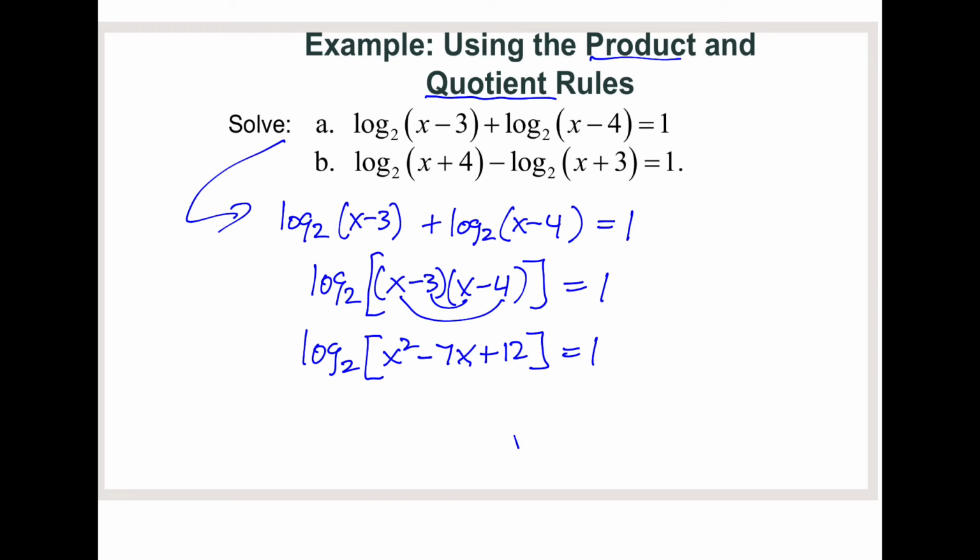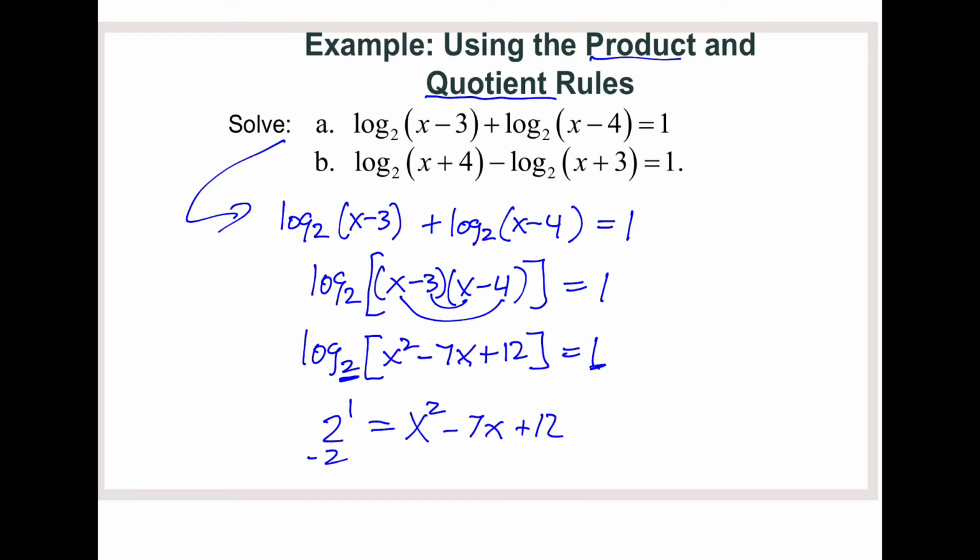We've done the product rule, now let's combine that with rewriting this. Again, the base is 2. Here's the exponent, so 2 to the 1 equals what I'm taking the log of, x squared minus 7x plus 12. See, some of this stuff just requires trying things out, being creative, knowing all these rules. 2 to the 1 very nicely gives us just 2.